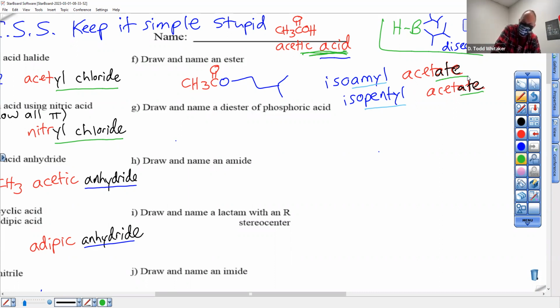Now, how do you name the carbon group attached to the alcohol? What system did you use to come up with that name? You just name it as a group. Isn't that the name of a group we've been using since Orgo 1? The amyl's a new twist, but it's just alkyl. It's a group.